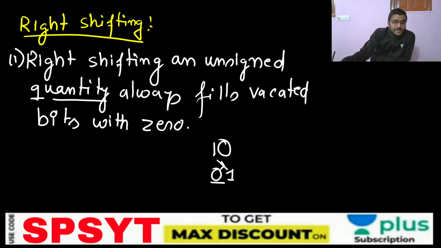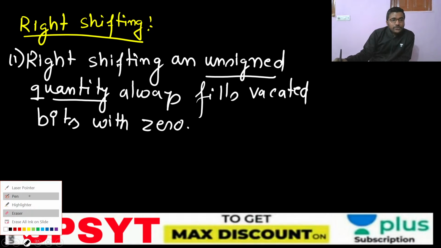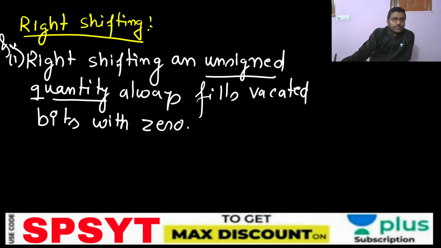That's why in the GATE exam they will do right shift always on unsigned quantities, because for signed quantities it is machine dependent. On unsigned quantities it is always going to be filled with 0.